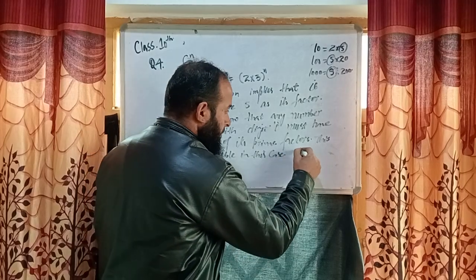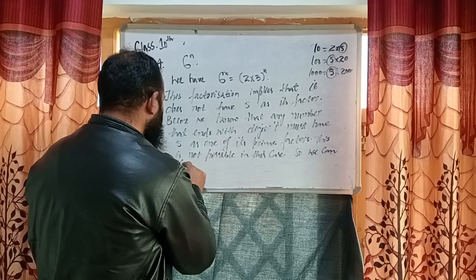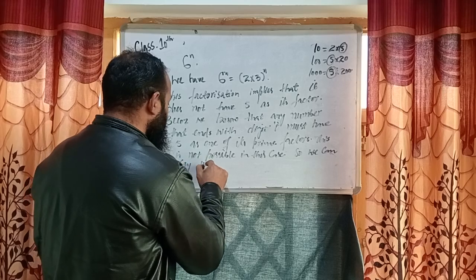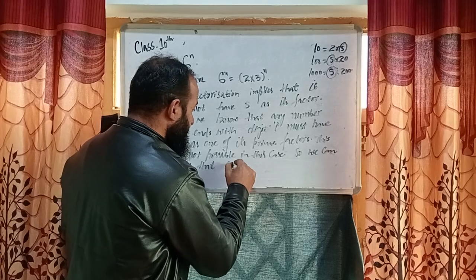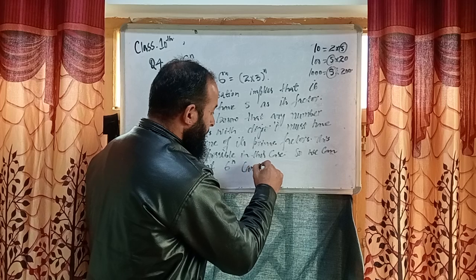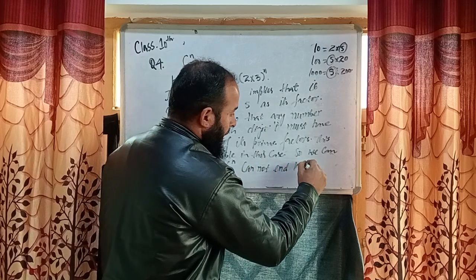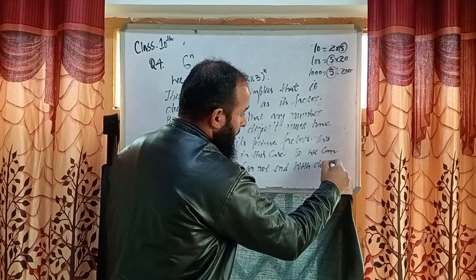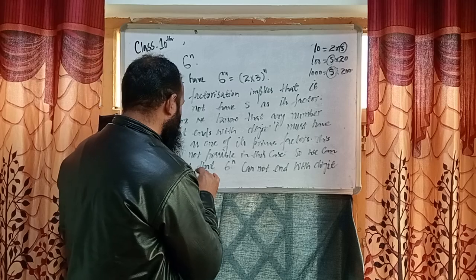So we can say that 6 raised power n cannot end with digit 0.